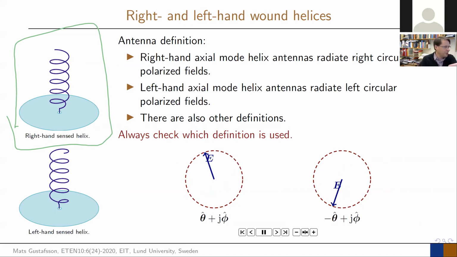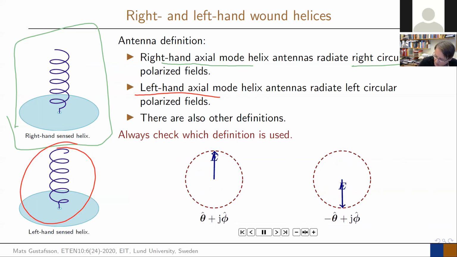But for the left one, you have to do it with your left hand. And the antenna definition of right and left circular polarized ones is that a right hand axial mode helix radiates a right circular polarized field. And the same thing with then the left one here. So this one down here, that one radiates a left circular polarized field. That is the antenna definition.